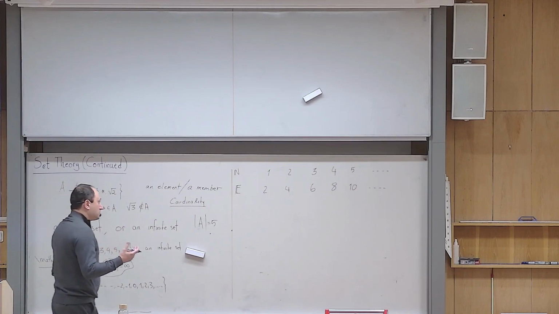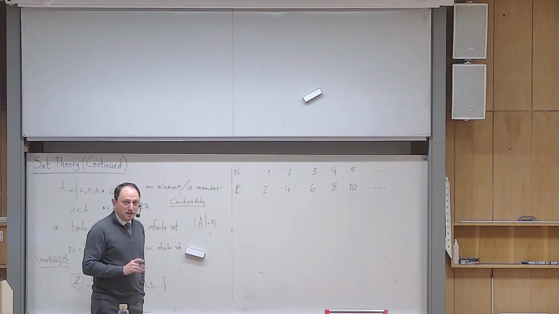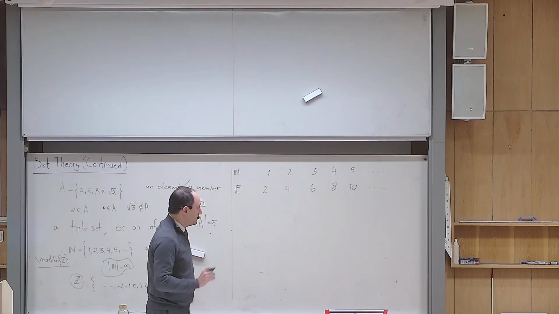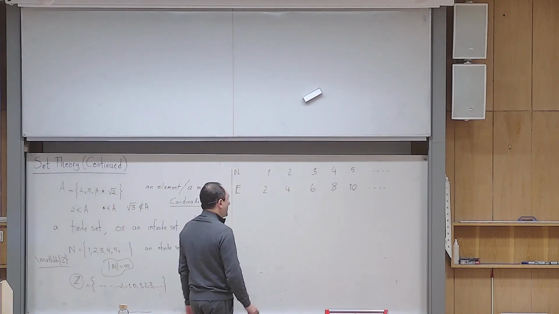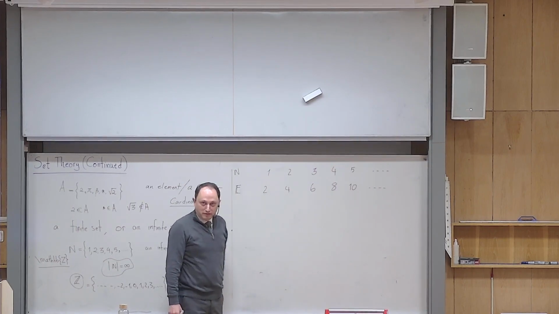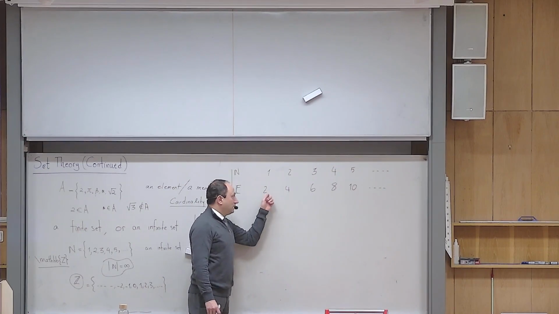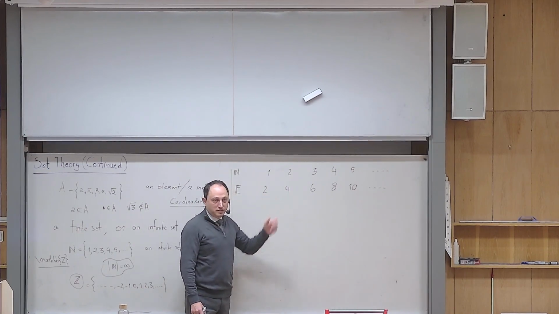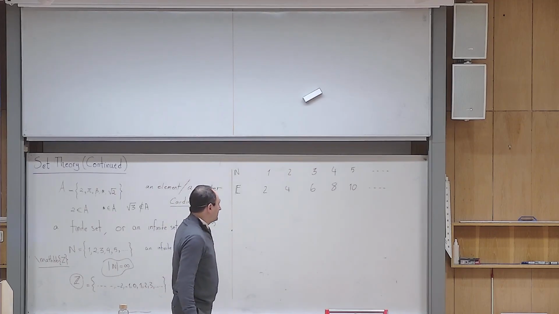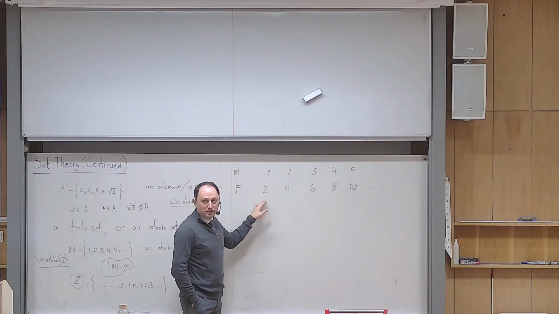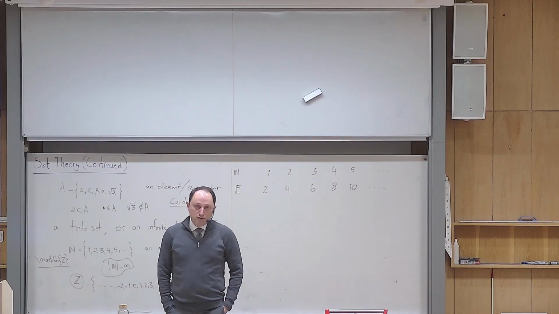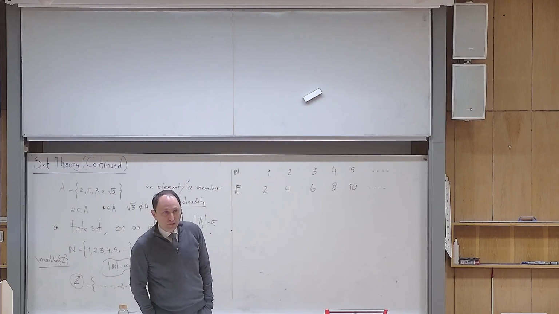But I want you to understand, no, they have exactly the same number of elements. Of course, the same number of elements is a little bit ambiguous, because if I ask you how many elements you see there, you should tell me infinity. And if I ask how many elements you see here in the second list, you say infinity. But intuitively, you believe that that infinity should be somehow double in size of this infinity. But this is not true, but you need to understand it through pure logic.